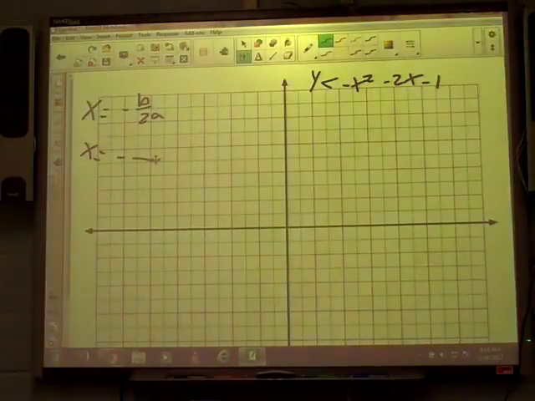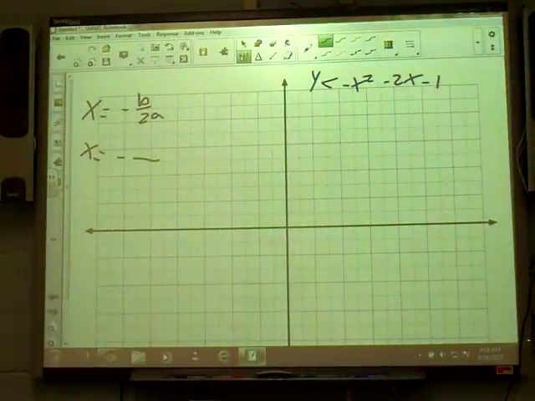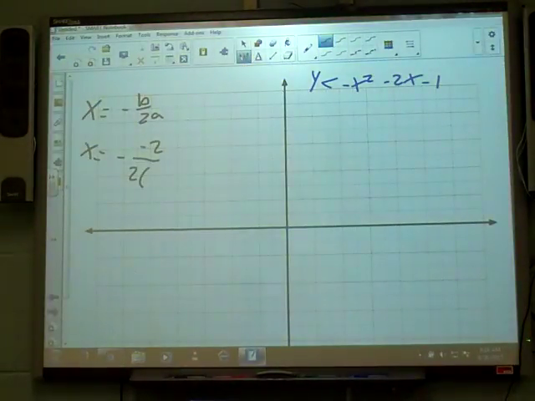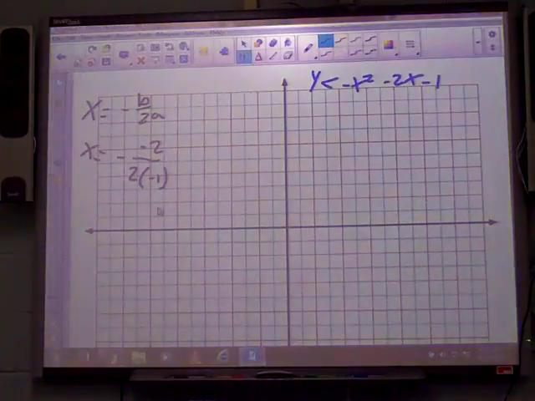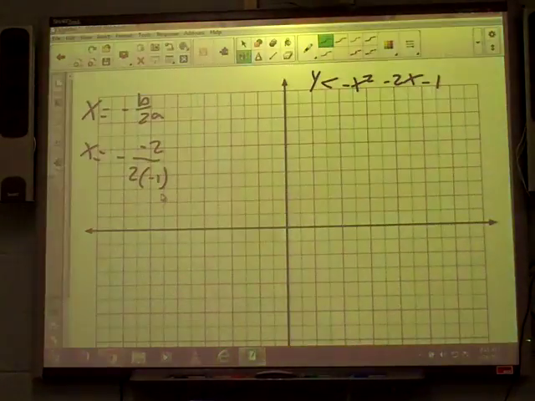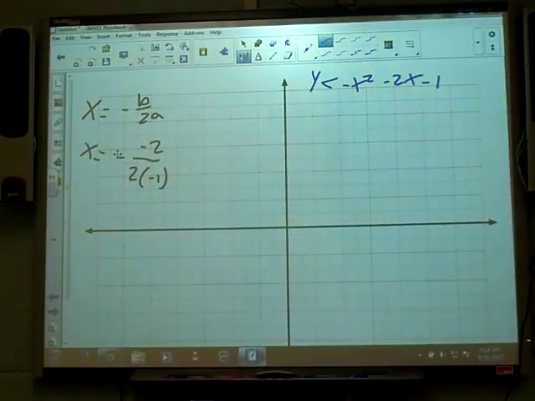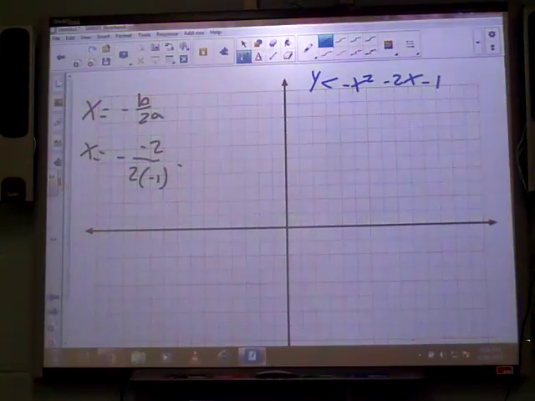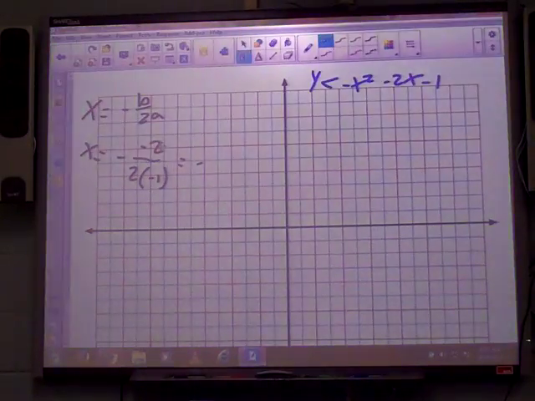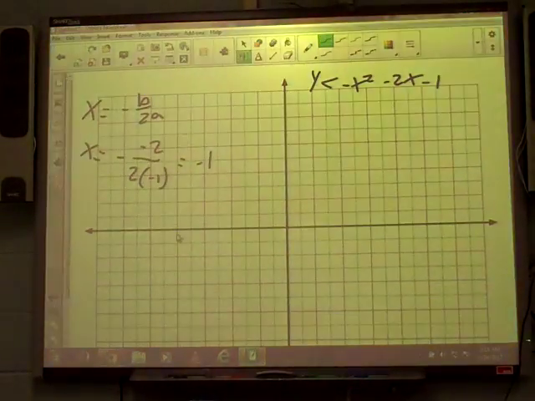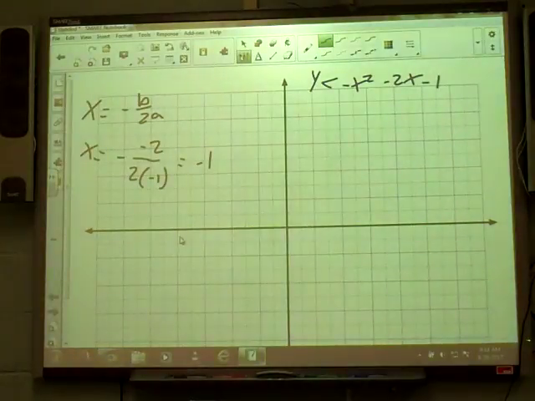What's our b? Negative 2 over 2 times what's our a? Negative 1. Okay, look at all this. I got negative overload over here. So here's how I read this. A negative divided by that negative is a positive. But then divided by another negative turns it negative. 2 divided by 2 is 1. What formula is that?